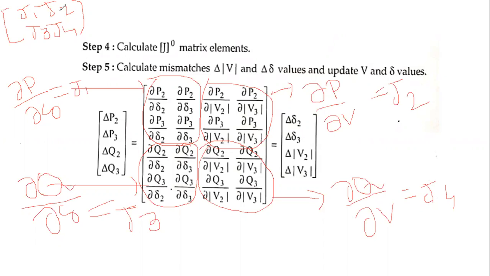J2 is dou P by dou V. J3 is dou Q by dou delta. J4 is dou Q by dou V. We are partially differentiating P with respect to V and with respect to delta, and partially differentiating Q with respect to delta and with respect to V. Okay, this is the formation of the Jacobian matrix, that is J1, J2, J3, J4. Understand?